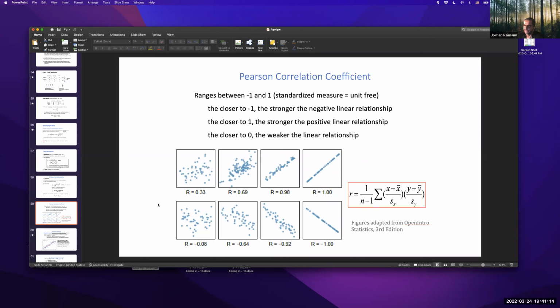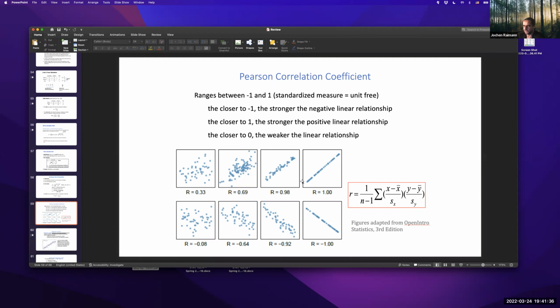Then we have correlation. I think this is rather on the simpler side. You're basically calculating deviations on the x-axis divided by the standard deviation on the x-axis. The product of this with the deviation on the y-axis gives you a sum of squares, and this sum of squares you then divide by your degrees of freedom.